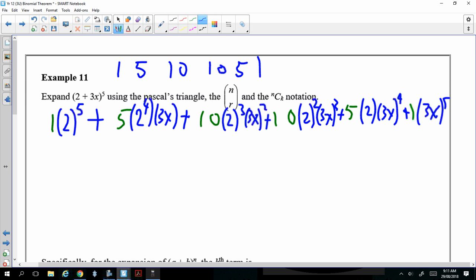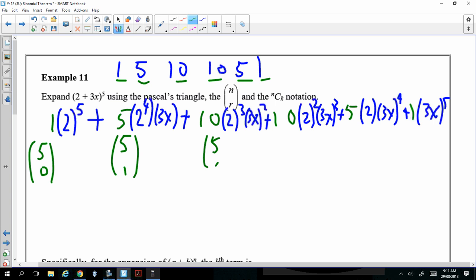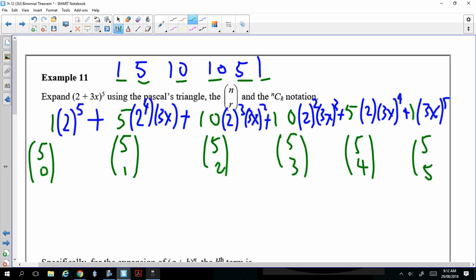And then what I want to do is, instead of writing the numbers 1, 5, 10, 10, 5, 1, replace them by 5C0, 5C1, 5C2, 5C3, 5C4, and 5C5. Okay, good. So I want to write 2 to the power 5, 2 to the power 4, and then 2 cubed.